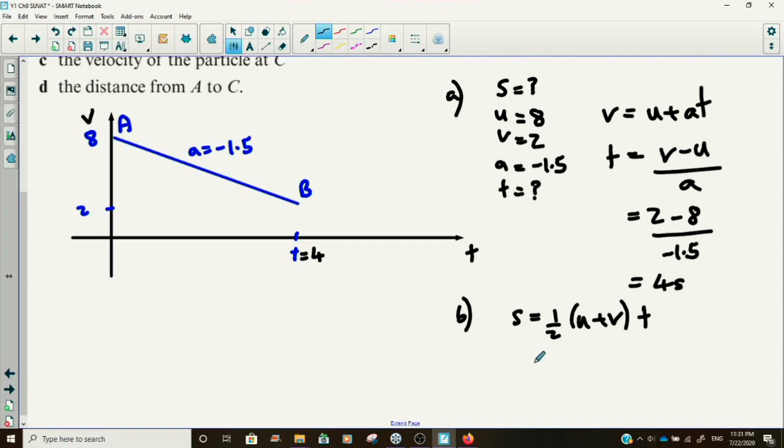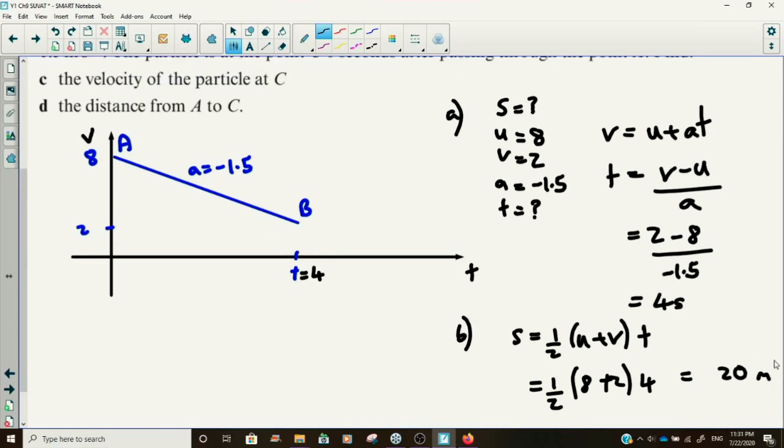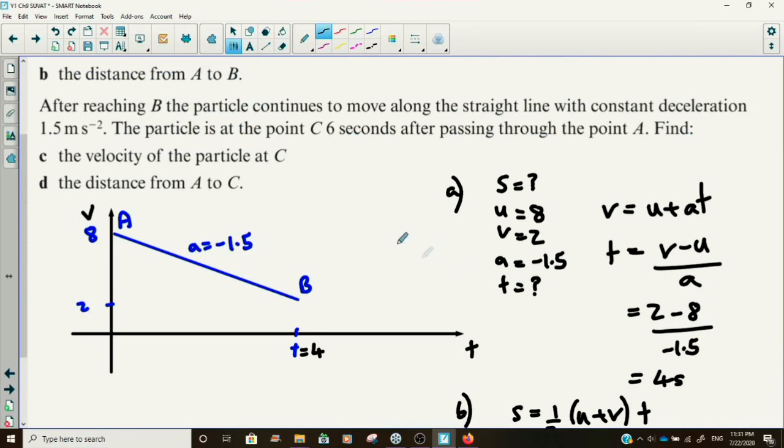And again, just put our values in. So initial velocity of 8, final velocity of 2, time is 4. We just work that out. And that gives us a distance of 20. Okay, so that's part A and B done. Let's just read the rest of it now.